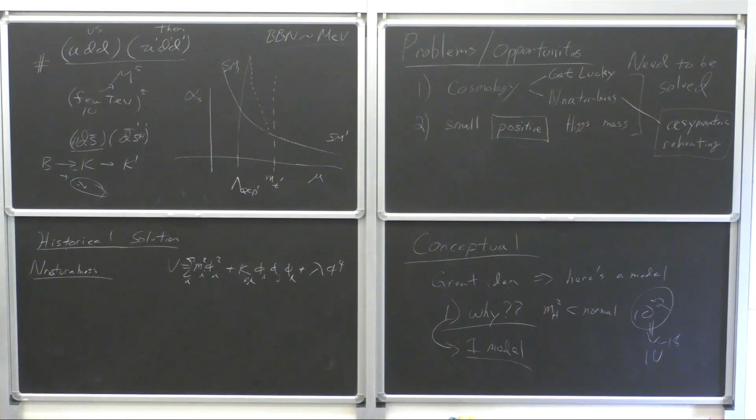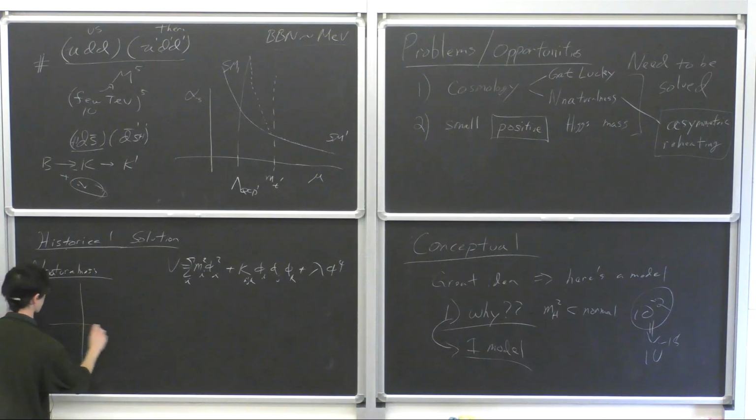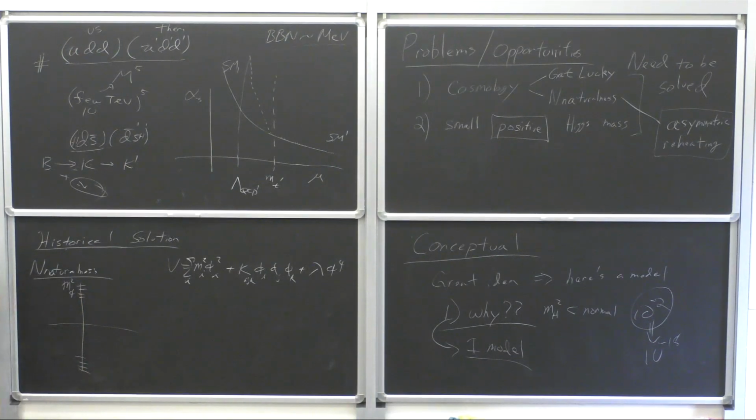By chance, if I just plot m phi squared, some of them will be heavy, some of them will be large negative, and I'm just going to have a bunch of them thrown in here. So just a bunch of random ones. I guess by chance I drew one closer to 0 than I had thought I would, but by chance one of them is going to be small. And the question is, well, in this case, I just threw a bunch of darts. Fine, one of them happens to be light.